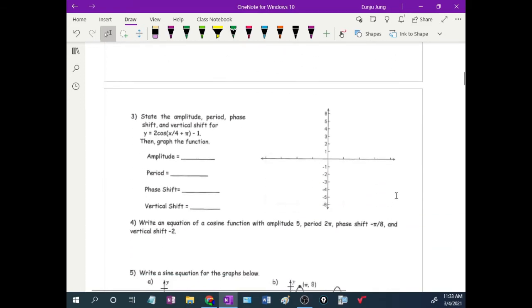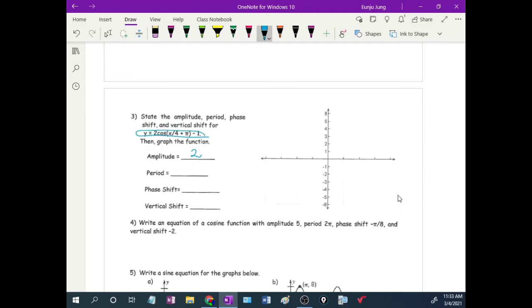Next page, number 3. Here's the function, and let's state every detail, and let's try to graph it. Amplitude, what is the amplitude? 2, the absolute value of the first number, that is 2. Period. What's the period? I don't know. I don't see any period here because I have frequency here, right?